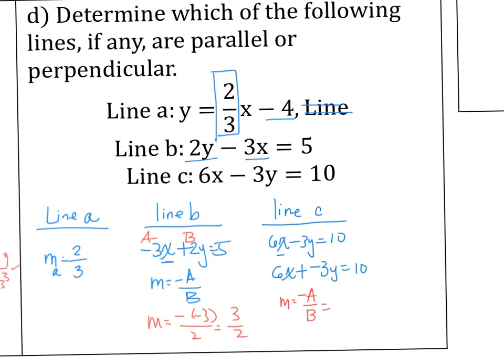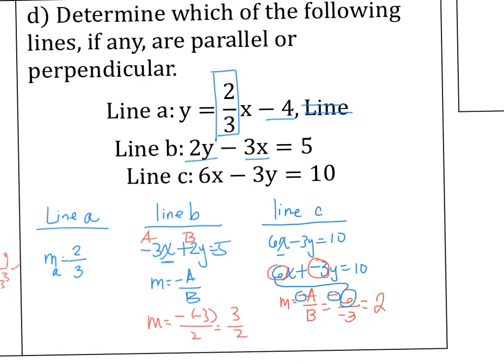So the value of a will be 6, so I'll write negative 6 here, and then the value of b will be negative 3. And your slope will be positive 2. Remember that this negative sign here is already there, so 6 is actually just positive 6.